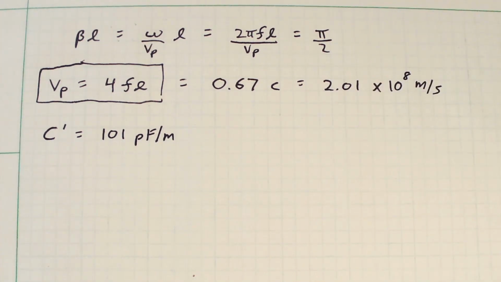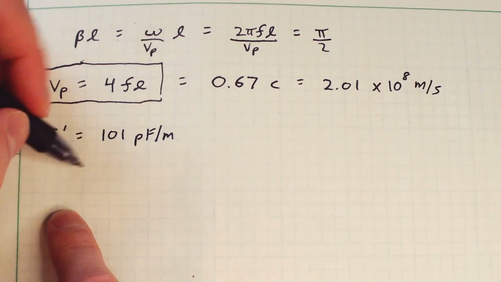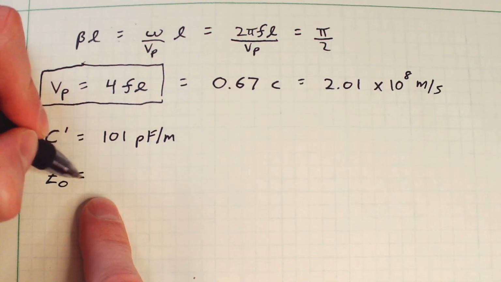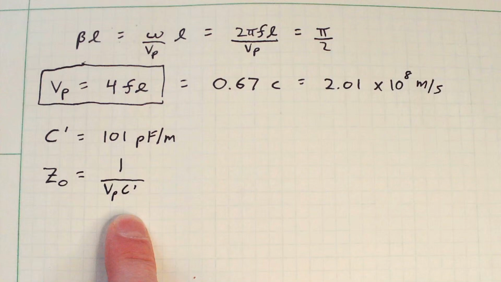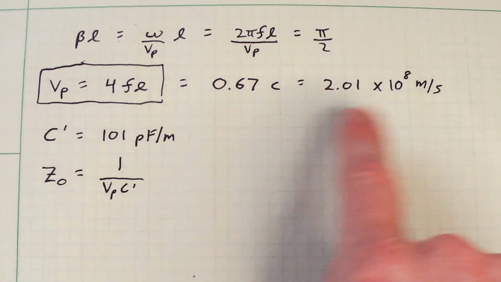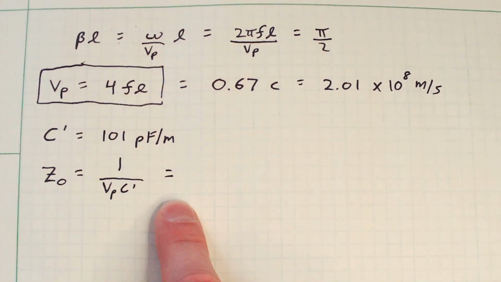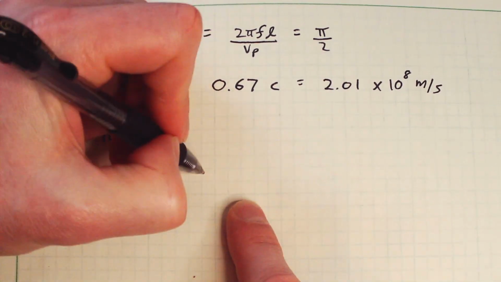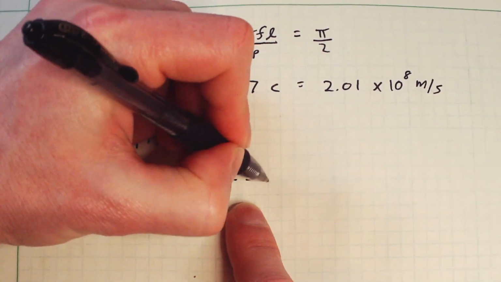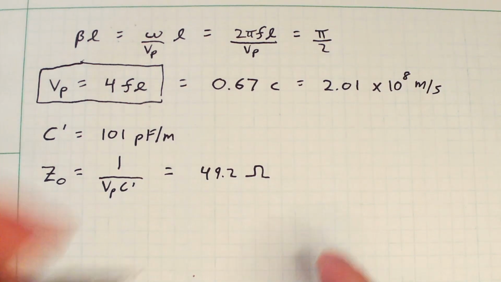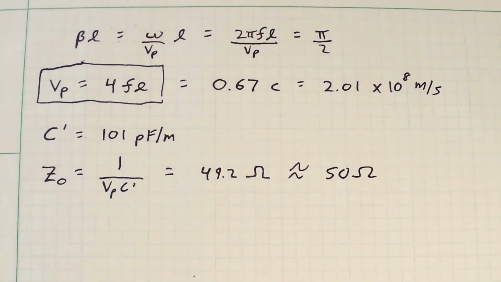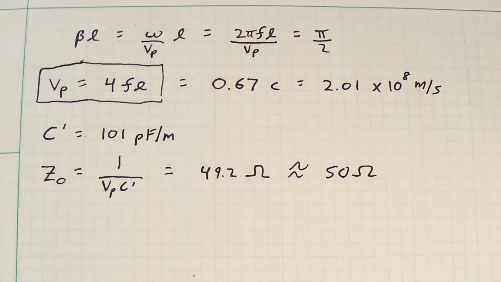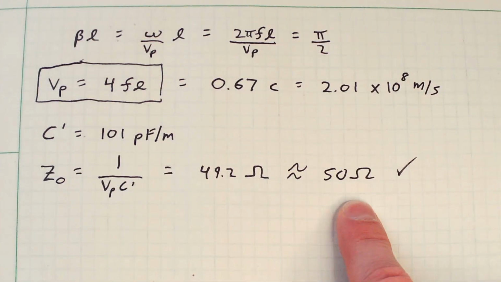So given those two bits of information, all I have to do is a little bit of math and I can calculate the characteristic impedance, which is 1 divided by V sub p times C prime, which you plug in these two values here, and I've already done the numbers offline, and you come out to something like 49.2 ohms given the values that I've measured here, or approximately, if you round a little bit, 50 ohms plus or minus maybe an ohm, half an ohm, depending on the precision of your measurement there. So that's pretty good, which is what we'd expect for most cable.